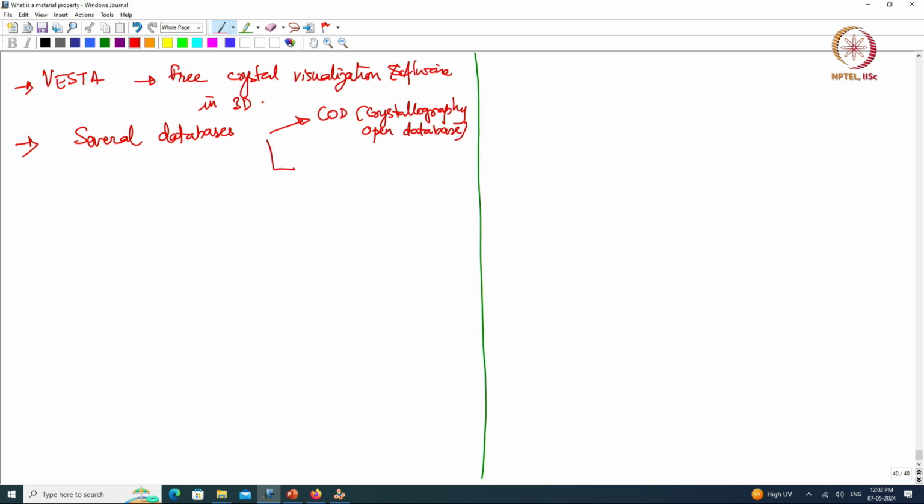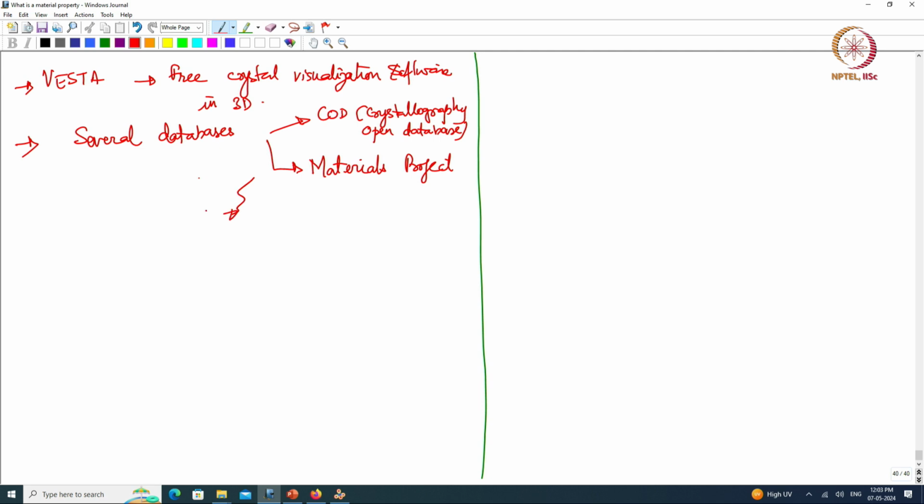Another one, which has many more crystals, even theoretically predicted ones not necessarily experimentally seen, is called Materials Project. Both of them are free.